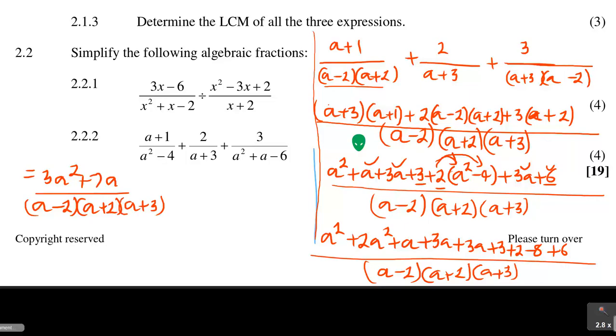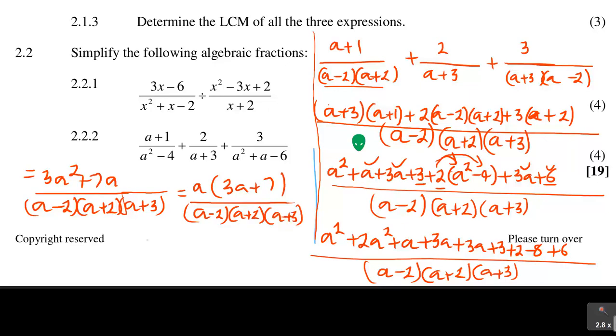So that's what we have here. So we can take out in this case a, which will be 3a plus 7 over a minus 2, a plus 2, and a plus 3.